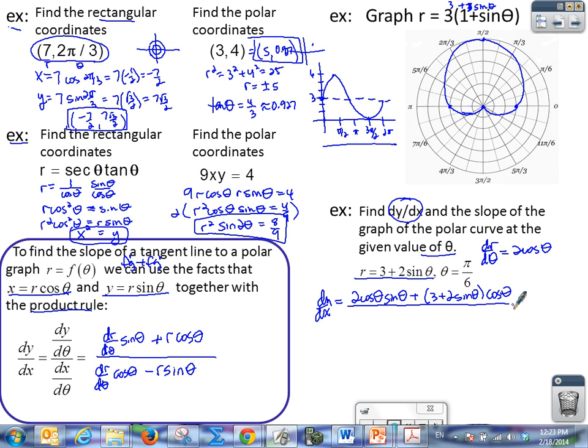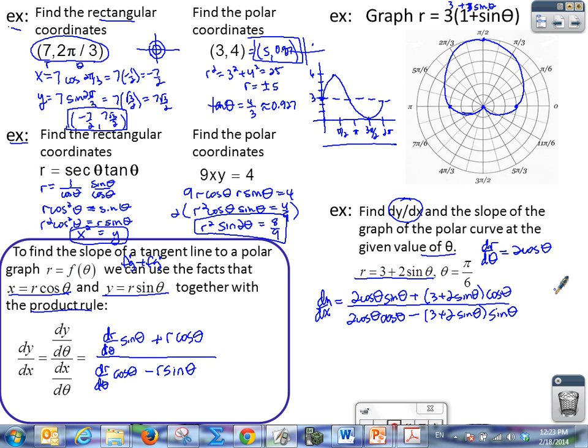We're going to put our dr d theta there, which is 2 cosine theta. And then there's a cosine. Minus. We're going to insert the r. And then copy the sine.